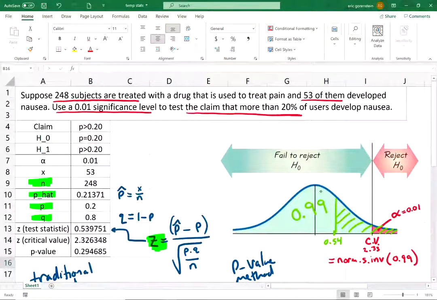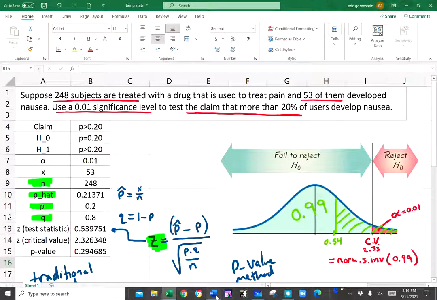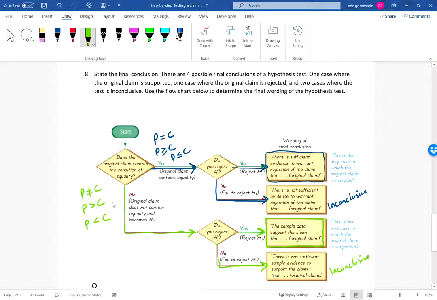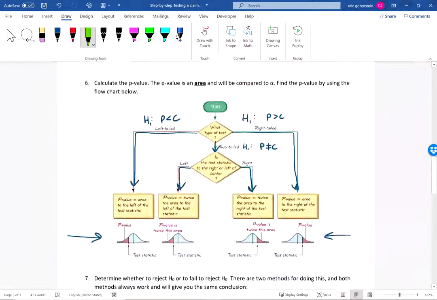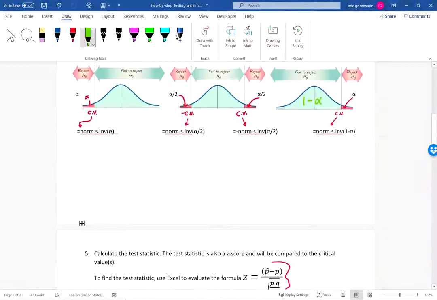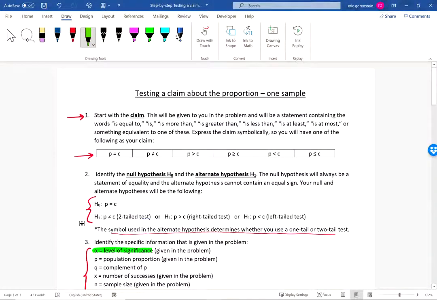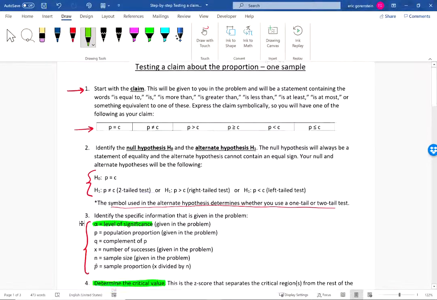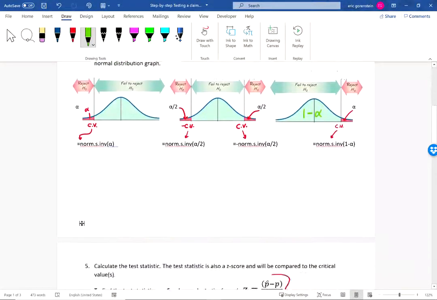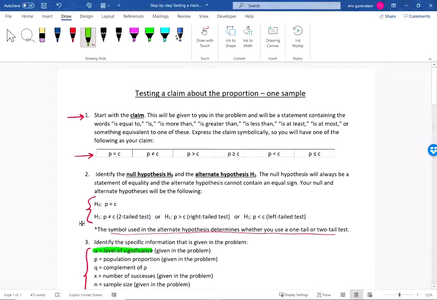Okay, so that does it for this. So like I said, you want to really keep handy this document that you should, by the time you're watching this, already have. This is just your algorithm, your step-by-step process for testing a claim about the proportion. Now, this is just for the proportion, but the steps for testing a claim about the mean are going to be pretty much identical.